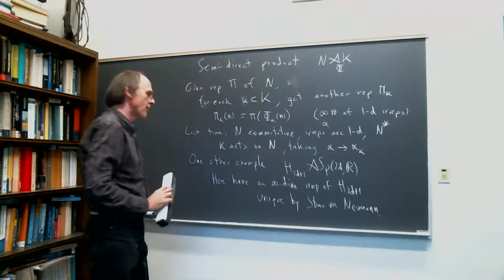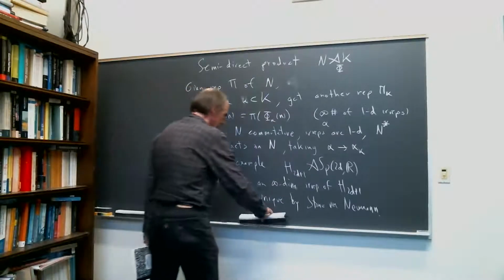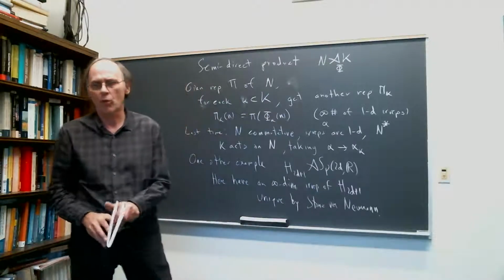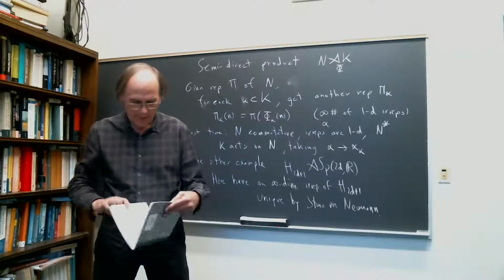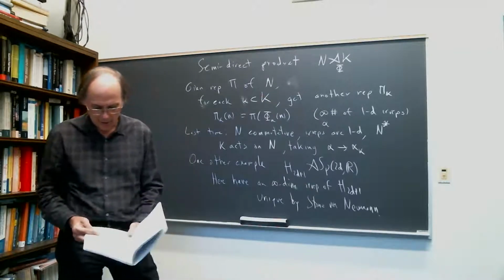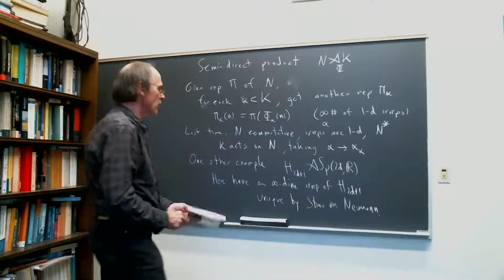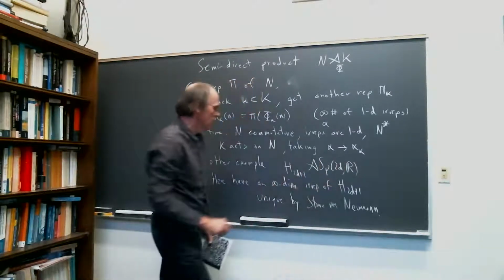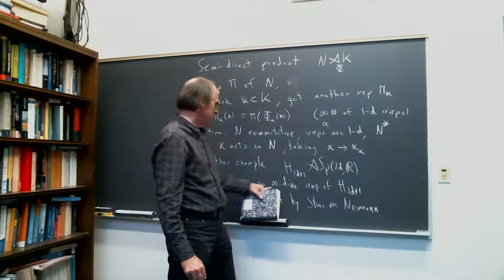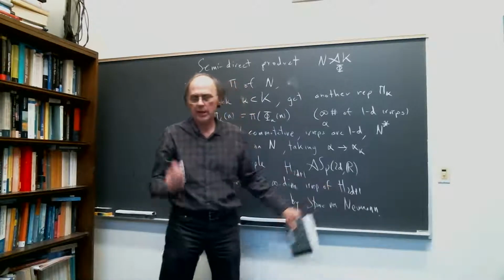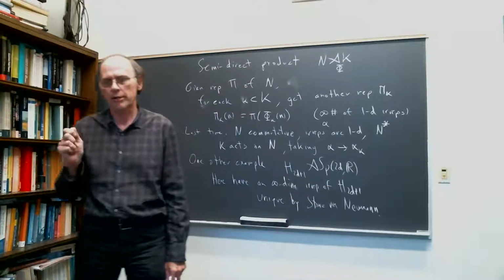Maybe before I get into this, let me give you the motivation. It's an interesting piece of general theory, but what we actually have here is this infinite dimensional representation of this guy, which we have a fairly concrete version of.